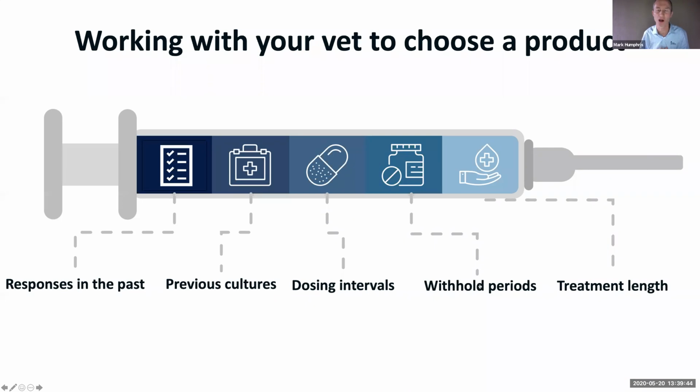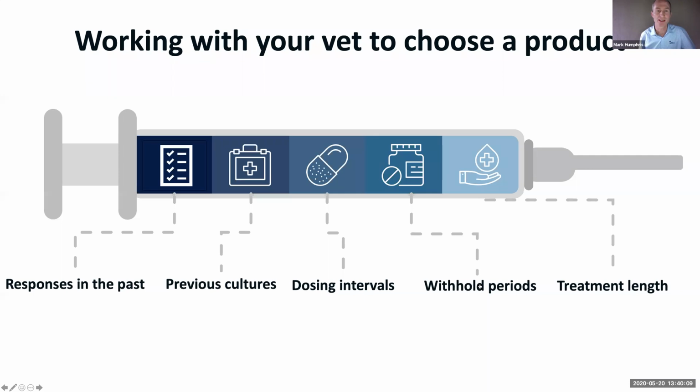That requires a bit of homework on your part in actually understanding how many cows that have been treated with a particular drug then come back for a second time, and trying to ascertain whether you're comfortable with the way in which they're responding.